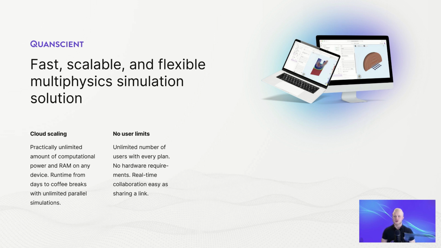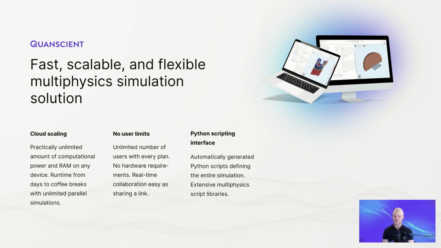And also, there are no hardware requirements. So there's no need to buy expensive computers, expensive workstations, or invest in any clusters or maintenance of clusters, or even electricity bills for these clusters, since all of the hardware and maintenance of the hardware is included in the packages that you buy. And yes, real-time collaboration, as it is a browser-based tool, is quite literally as easy as sharing a link.